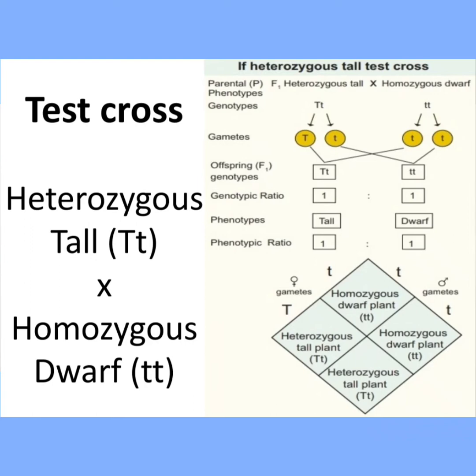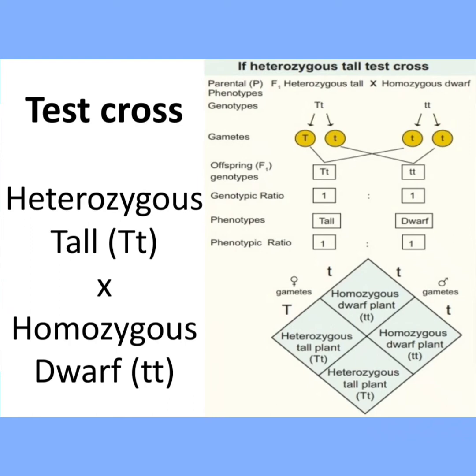The genotypic ratio obtained was 1:1, and the phenotypes were tall 1 and dwarf 1, so the phenotypic ratio 1:1 was obtained. By a checkerboard, you can see that when the crossing is done, 50% of the plants were tall and heterozygous, and 50% of the plants were homozygous dwarf.